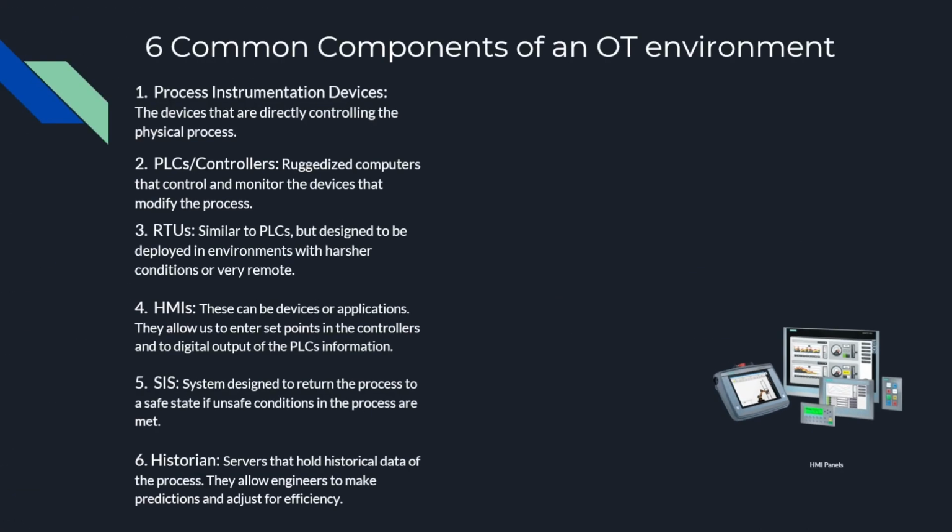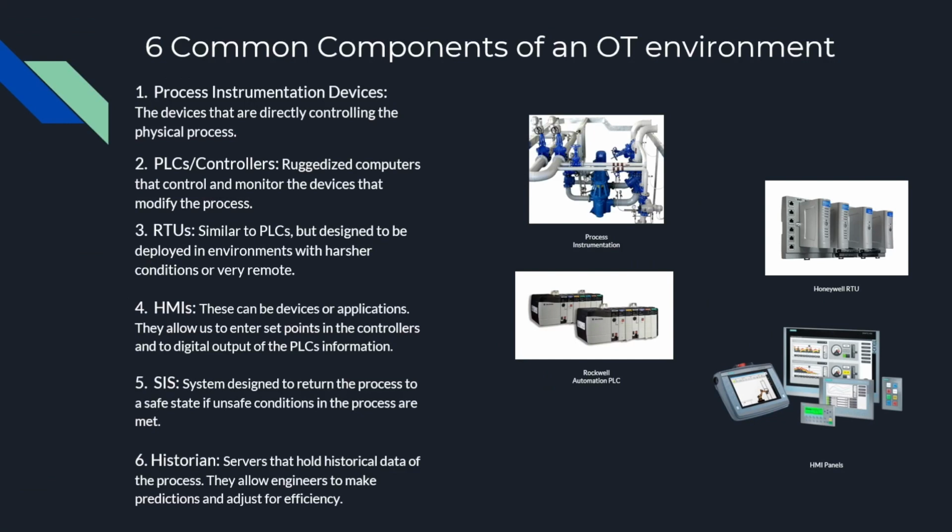And finally, I want to talk about a couple more assets. A safety instrumented system is a system designed to make the process return to a normal state in case unsafe conditions are met. This doesn't mean a sudden halt. The function of this device is, all right, if we have X and Y conditions that make the process unsafe, we're going to make adjustments to the logic of the controllers and override them, or they're controllers with a different logic program, and they bring the process back to a normal state.